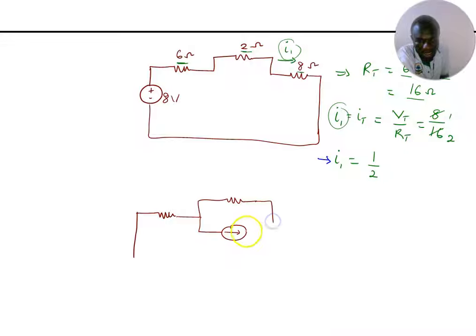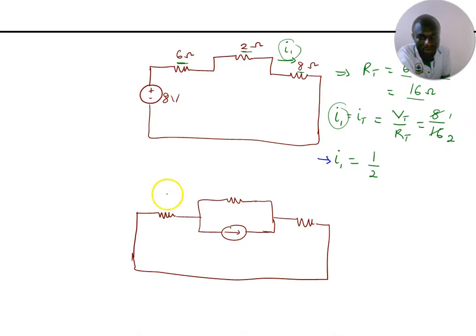Then we have another resistor here. Very good, so we took off those paths too. So we have 6 ohms, 2 ohms, and 8 ohms, and this one was 2 amps.